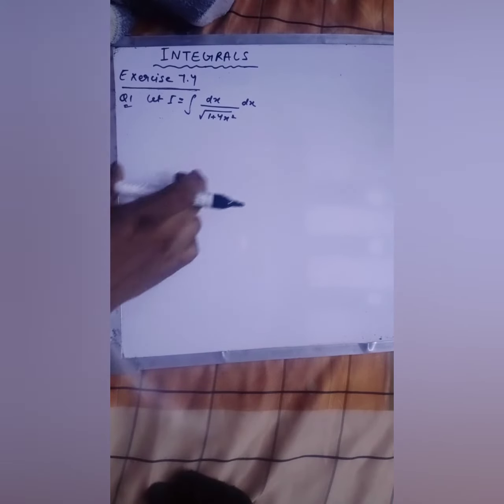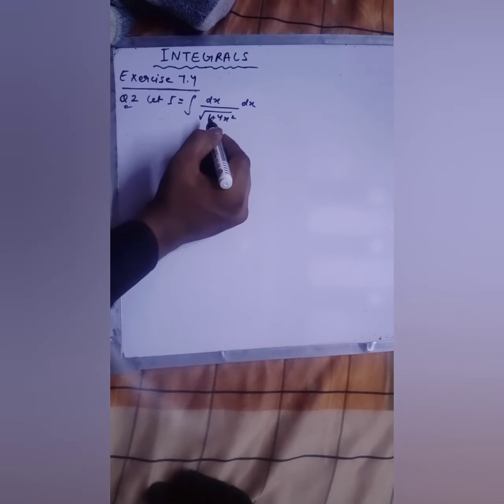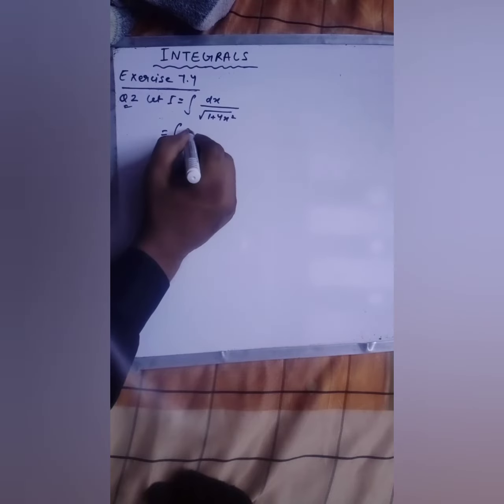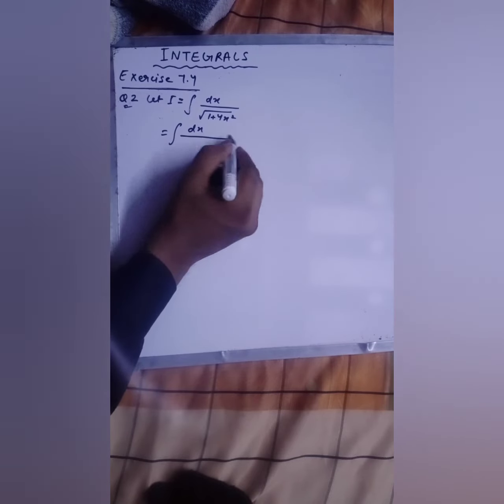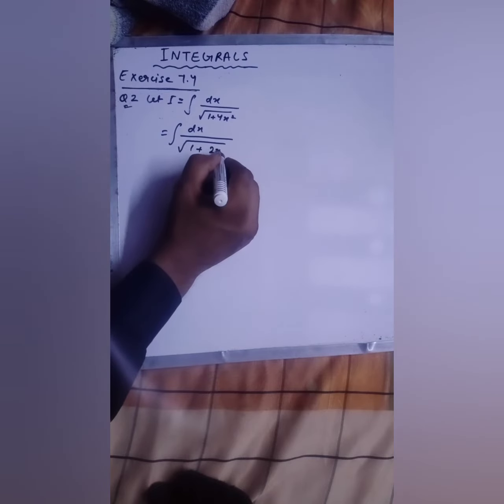See, this is question number 2 of your NCERT. We have to find the integral of this. So what we can do here: dx over under root 1 plus, in place of this I'm writing 2x whole square.